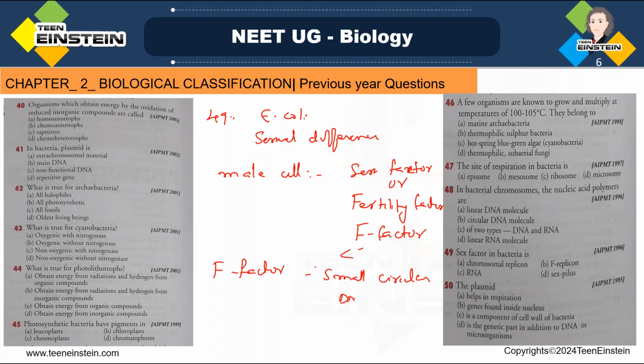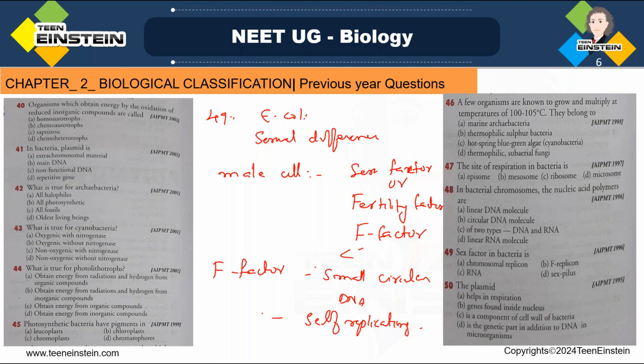It's a small circular piece of DNA, and it has the capacity of self-replication. This is self-replicating small circular DNA.